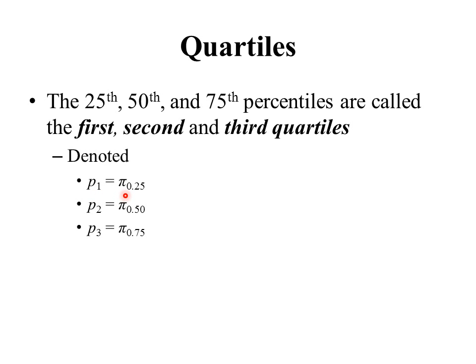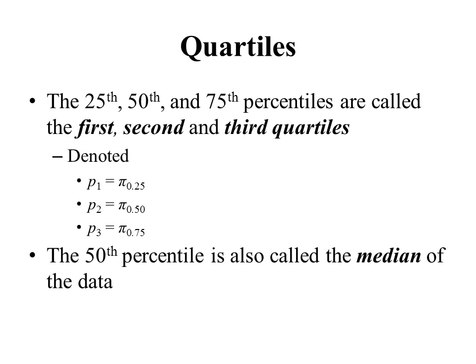It's also called pi sub 0.25. The second quartile is P sub 2. It's also denoted pi sub 0.5. And then the third quartile is denoted P sub 3, or pi sub 0.75, because these are the 25th, the 50th, and the 75th percentiles, as we just defined them in the last slide.